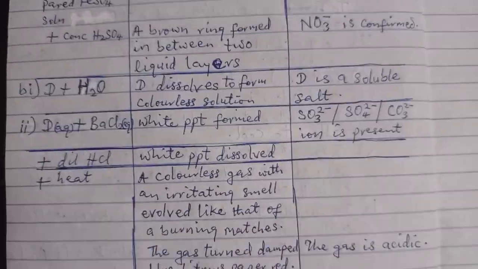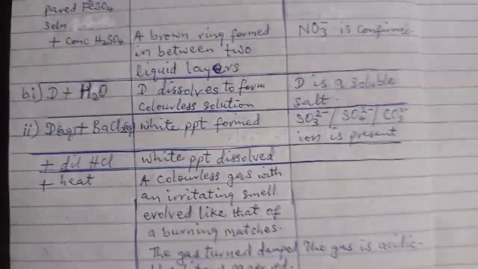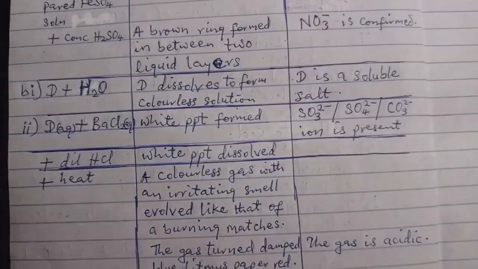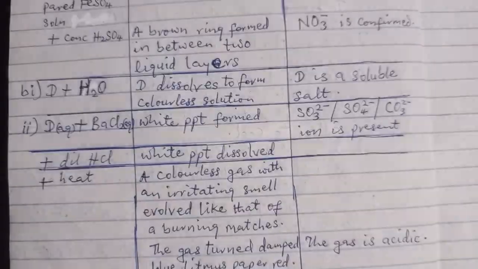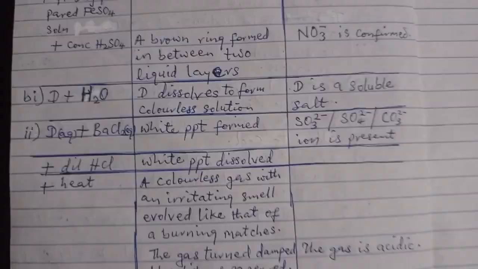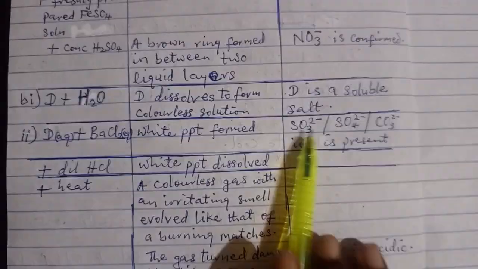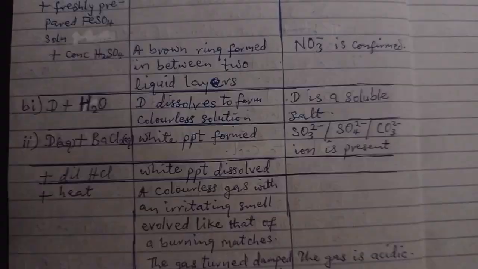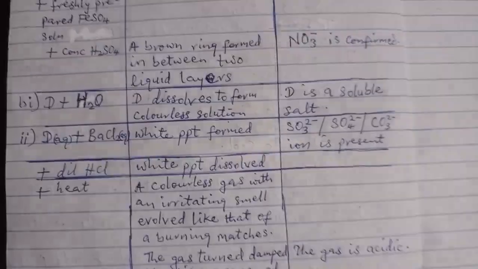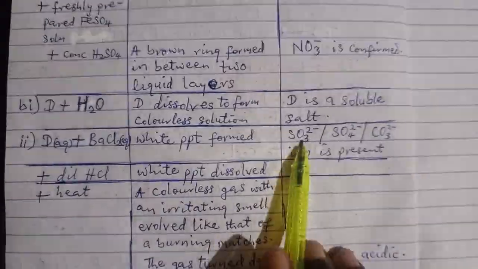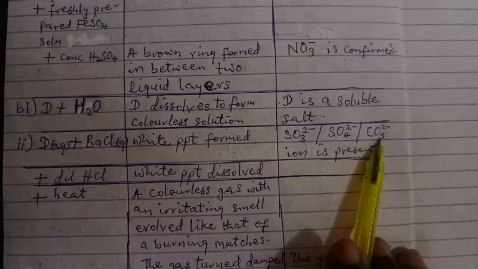When you do that, you see white PPT formed. That white PPT indicates these 3 ions, that one of them is present. So either this or this or this is present.